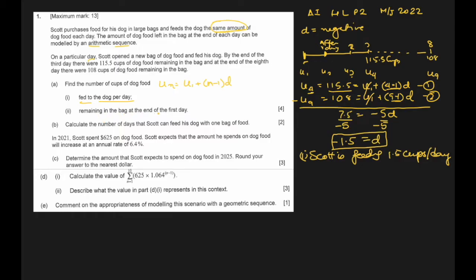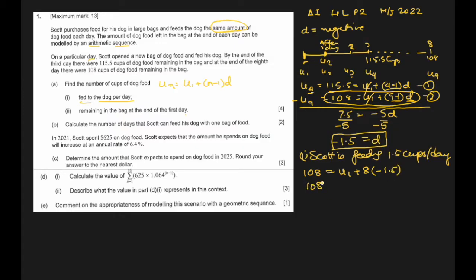All right. Remaining in the bag at the end of the first day. So they're asking what is U2. We can find it logically also, but let's first find U1 with the help of this one. Let's use this equation. So 108 is equal to U1, which we don't know, plus we know 8, and D, we know now it is negative 1.5.